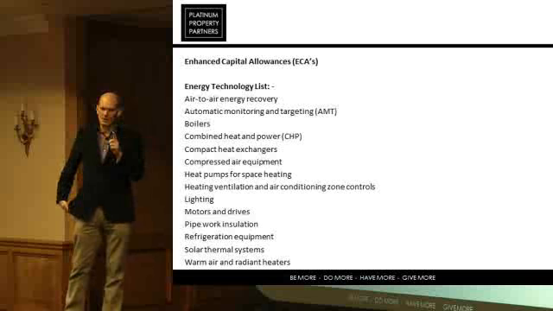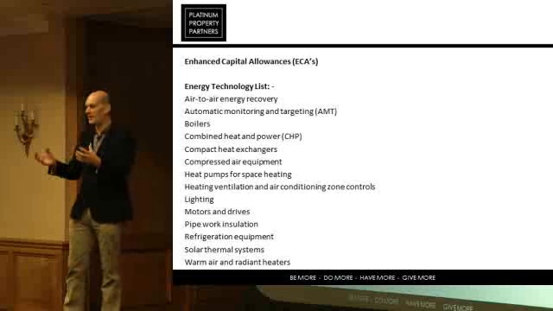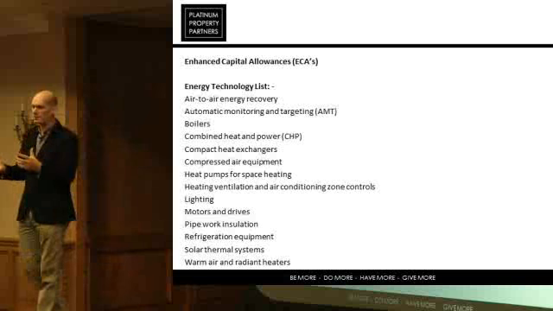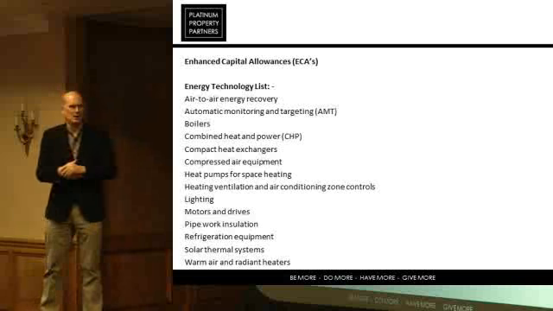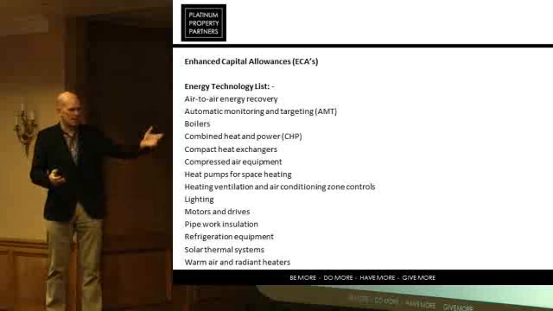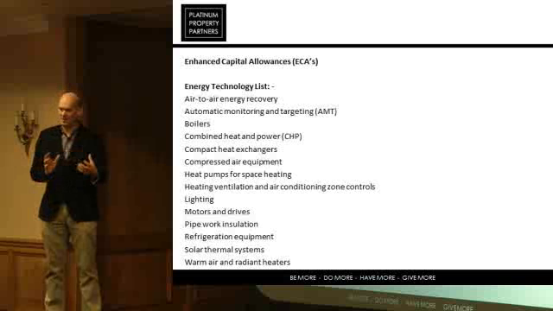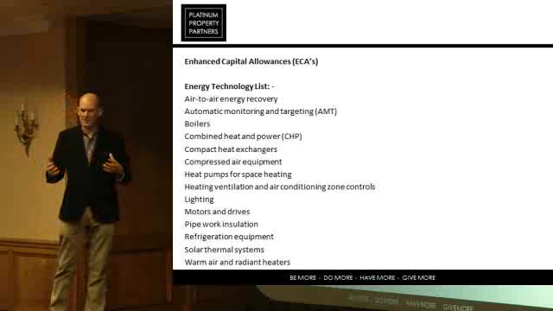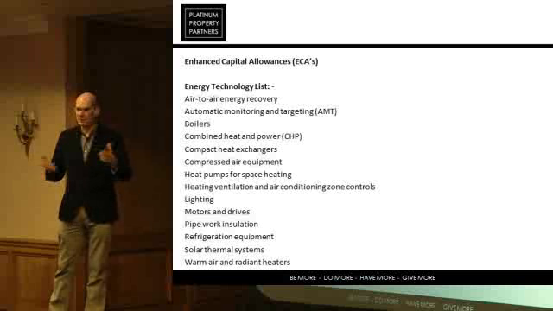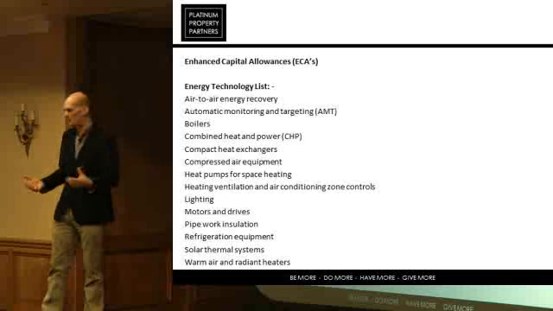Well, things that aren't on the list are things that will be big, bespoke projects where you have to get them certified. So, for example, if you were installing a combined heat and power solution, because each one is designed for that particular building, you could still claim that, but you would have to make all your measurements and go to the ECA with your documentation, and they would have to certify it, and then it would qualify.